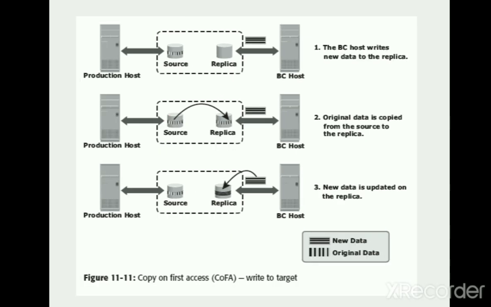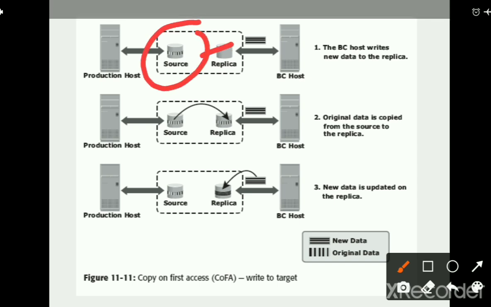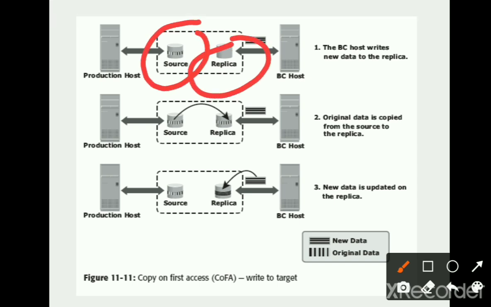The next one is copy on first access, write to the target. If there are any changes to be done, how are they updated at the target side? You can check here, the data is copied from the source to the replica, since the target is blank, and in case new data comes, the source data is not changed.